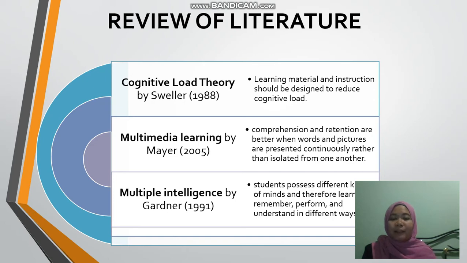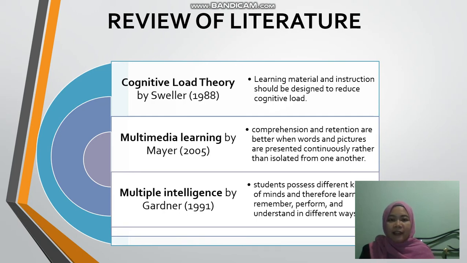Meanwhile, multimedia learning by Mayer stated that comprehension and retention are better when words and pictures are presented continuously rather than isolated from one another. This is actually in line with my intervention, which is animation with text.